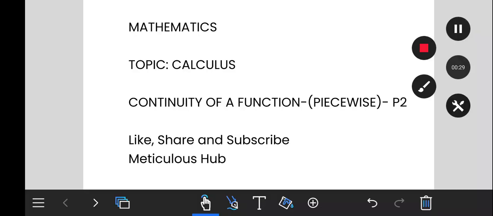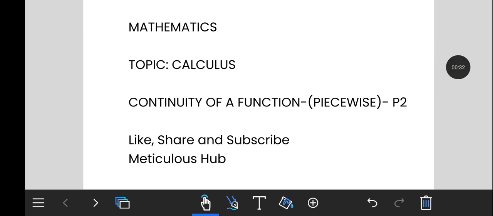Most of the questions from exams come from this part of calculus, called determination of continuity and discontinuity of a function. So let's dive into it and explore what you need to understand about this part of calculus.